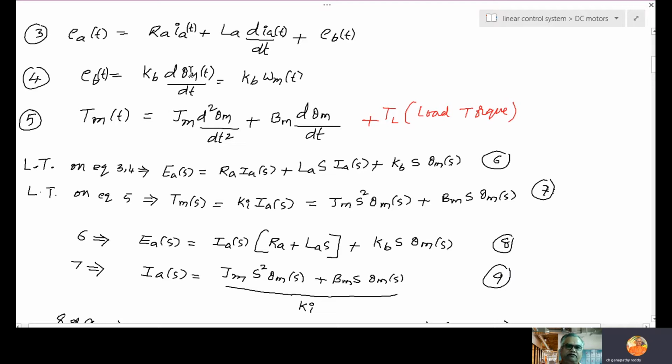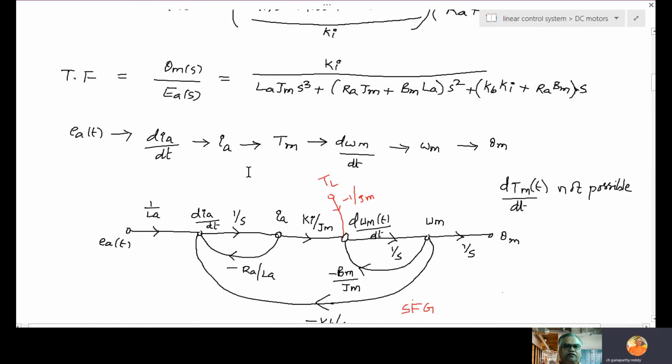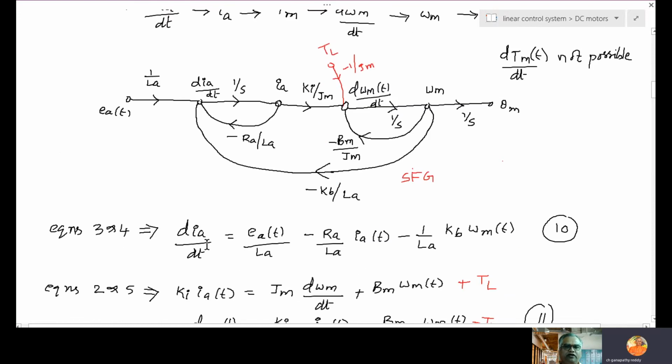So this Eb is replaced with this one, then solve for dIa by dt. If you solve for dIa by dt, you get this equation. Therefore dIa by dt is nothing but Ea of t by La, so 1 by La into this, then minus Ra by La into Ia.